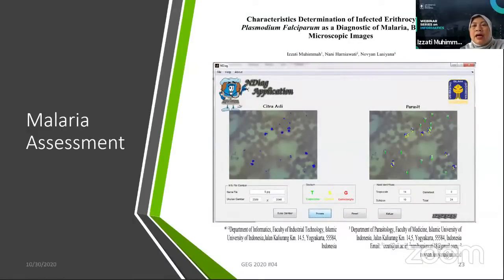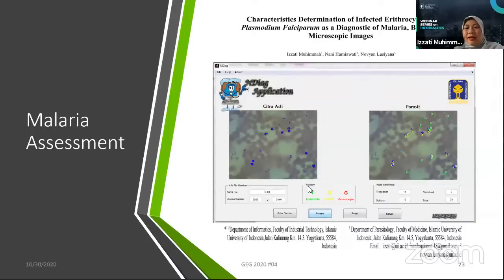In other cases that we also investigate, related to malaria assessment, I see one of the participants doing this research. I see Nani. Hello, Nani. I saw your work here. Yeah. We do the research in malaria assessment, specifically on Plasmodium falciparum staging.